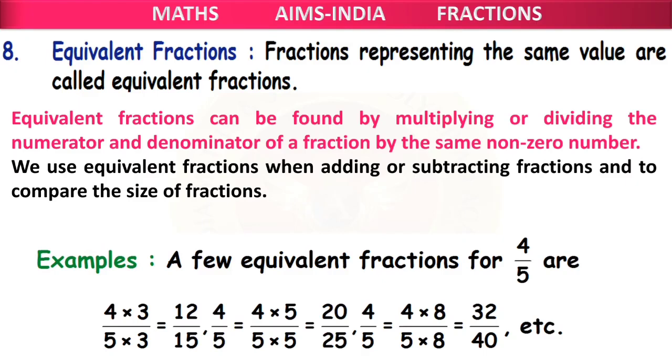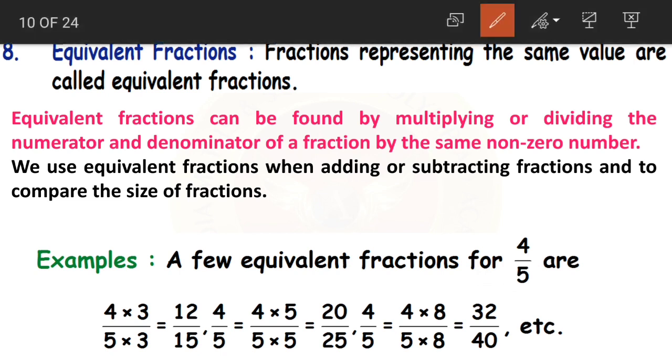Now coming to the example, a few equivalent fractions for 4 by 5. We need to find out equivalent fractions for 4 by 5. What we learnt here is that we can find them by multiplying or dividing the numerator and denominator with the same non-zero number.